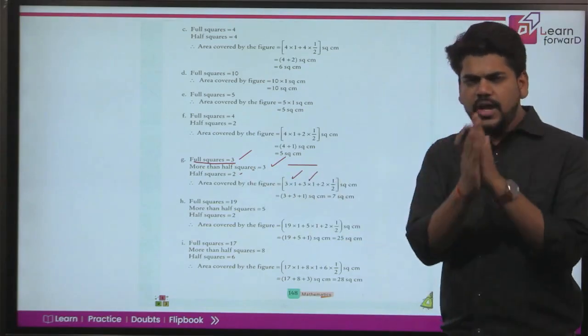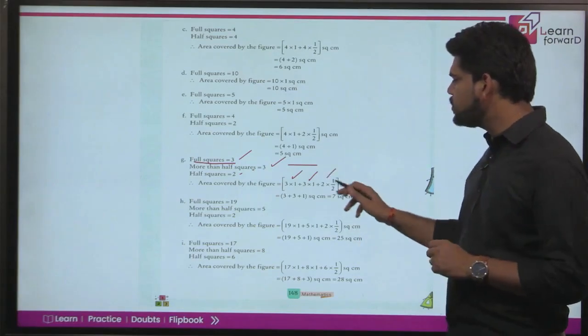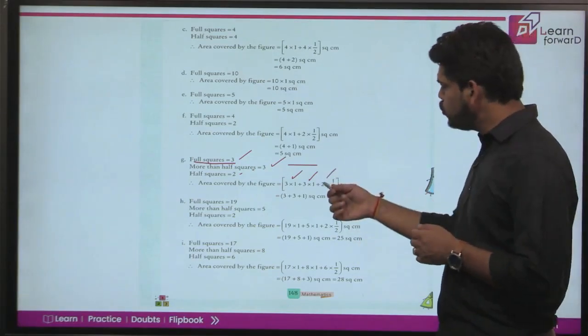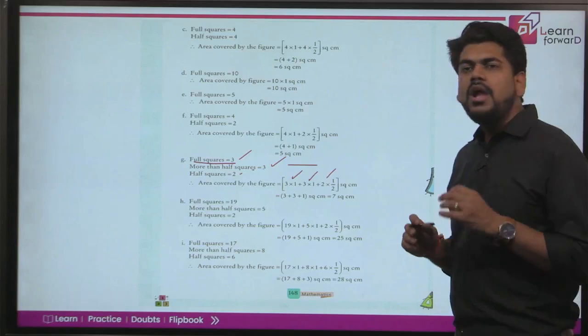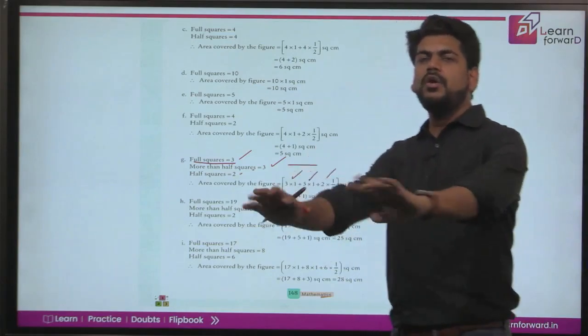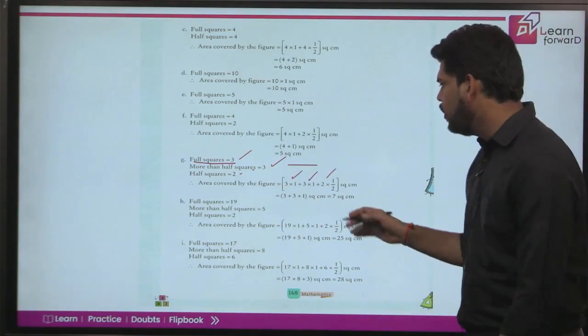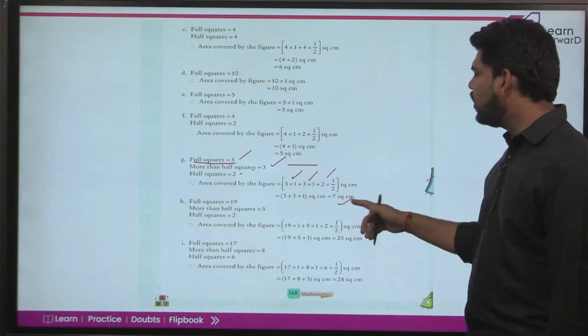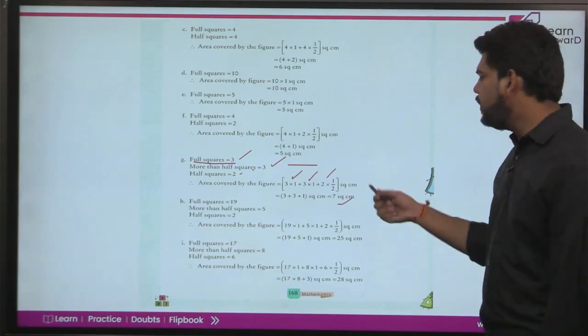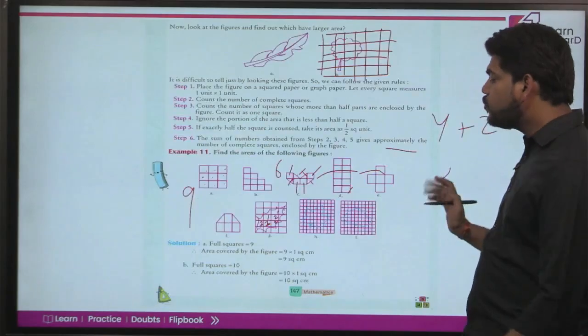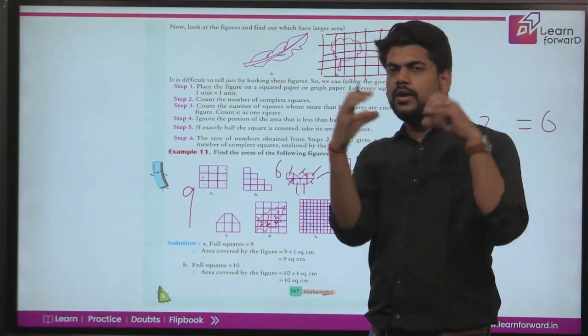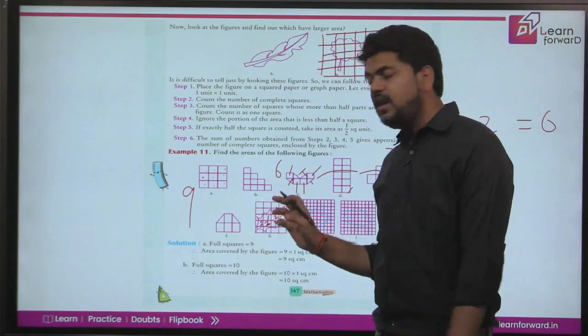Those which are exactly half squares, we have considered them as 2 multiplied by half, because 2 squares were there which are exactly half, and those which are less than half, we are just ignoring them, they are non-existing. So the area of this particular leaf is 7 centimeter square. So there are actually a total of 7 squares that you can make in this leaf. Fine.